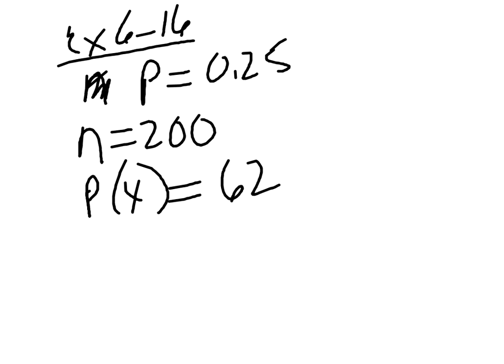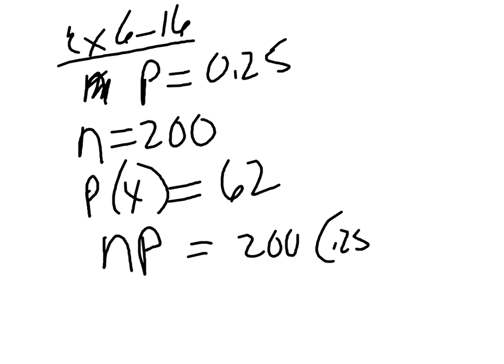But we're going to follow their example here, and the first step is to make sure that we can use the normal approximation, in other words, our z-tables. Notice that N times P would equal 200 times 0.25, that's basically a fourth of 200, or 50.